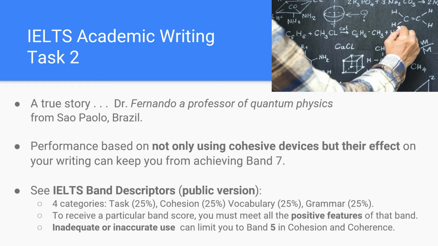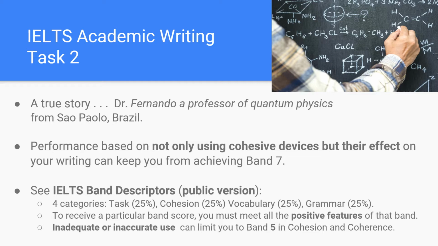What is more important is having a range of them and being able to use them effectively and appropriately. This is the case in both Task 1 and Task 2 of the Academic IELTS Writing Test, but especially so in Task 2.